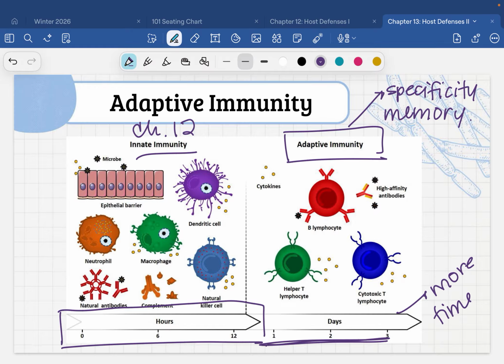And it learns which pathogens you come in contact with as you come in contact with them. So the adaptive immunity is the whole basis of vaccines. We're going to talk about vaccines a lot in this chapter, but it's the whole basis of vaccines. Vaccines teach your adaptive immune system how to fight off specific infections.